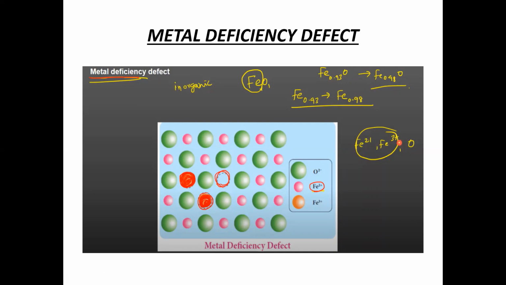The missing Fe2+ is balanced by twice the number of Fe3+ here. The Fe2+ is oxidized to Fe3+, and oxidized means it gives electrons to the oxygen. In FeO, the Fe is in the range 0.93 to 0.98 only, so Fe and O are not in the 1:1 ratio.